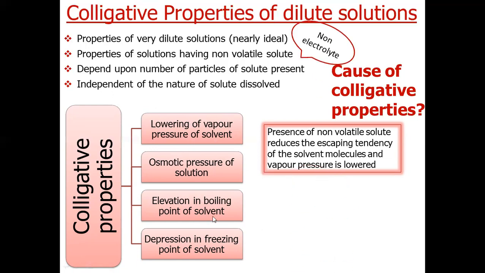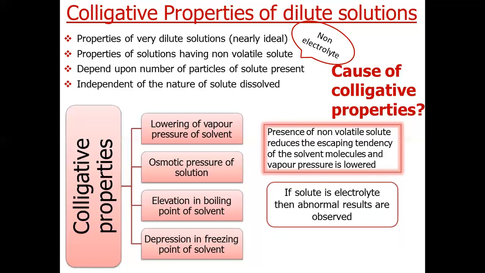One thing more, in this lecture we will limit ourselves only to non-electrolytic solutes. What are non-electrolytes? Those substances which do not ionize in solution are called non-electrolytes, like sugar, urea. If the solute is an electrolyte, meaning it dissociates into ions when dissolved in a solvent, for example NaCl, when we put NaCl in water, it gives Na+ and Cl-.